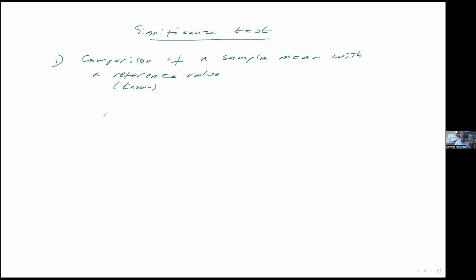We can analyze the content of lead in that sample. It can be arsenic in rice. Then you calculate the concentration of arsenic using your method, and then compare the value which you get with the certificate value.